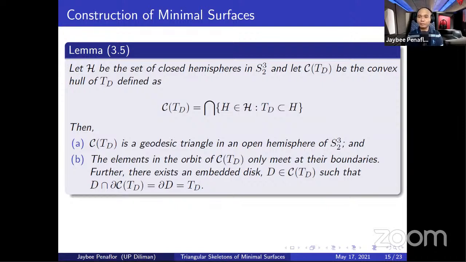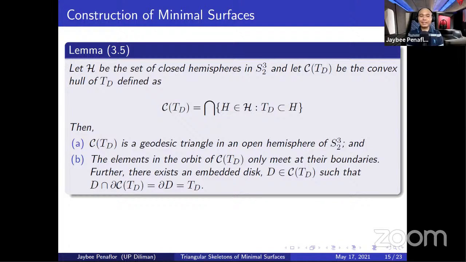Lemma 3.5 allows us to say that there is an embedded minimal disk that is equal to that triangle, and this will be important when we go through the conditions of the Lawson existence theorem.